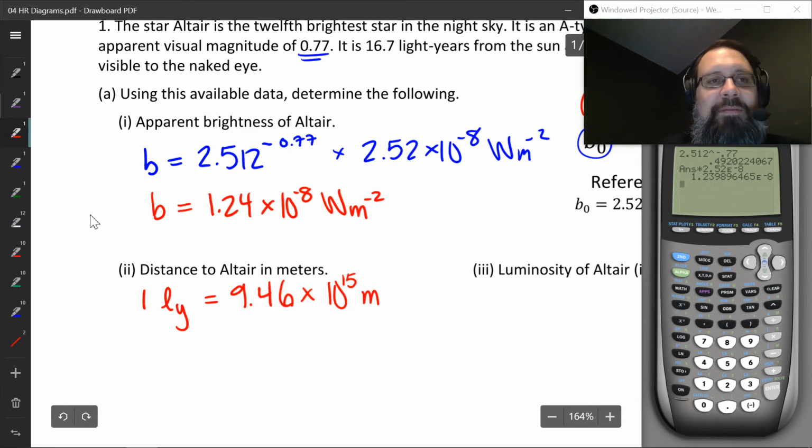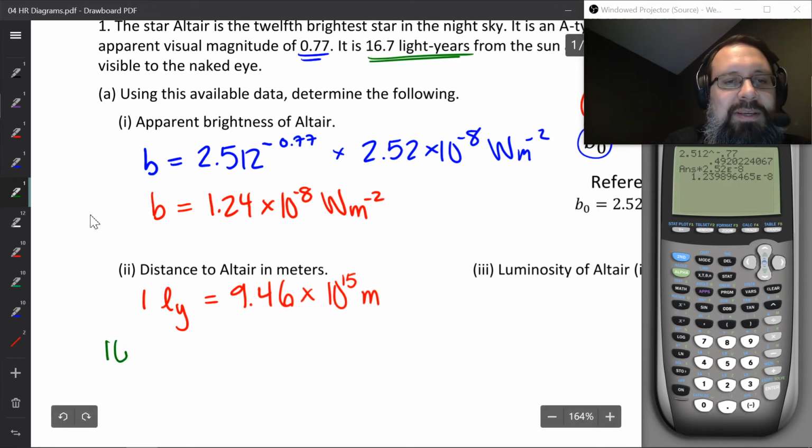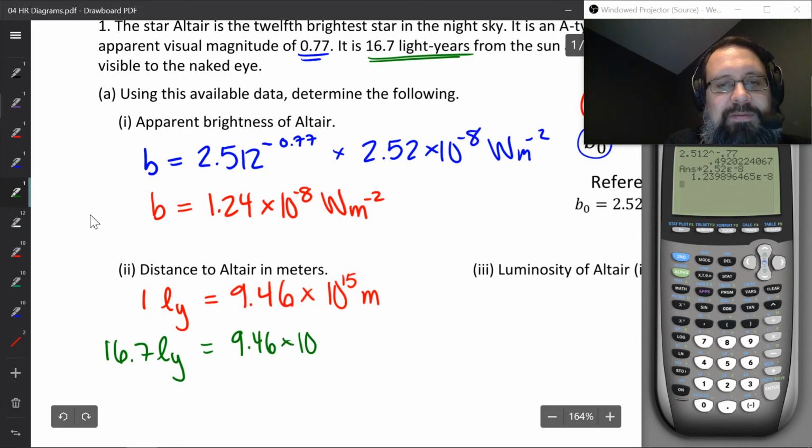Okay, now I want to find how far Altair is, and that's 16.7 light years. So I just have to multiply both sides of this equation by 16.7, and then I'll have the answer. So 16.7 light years is equal to 9.46 times 10 to the 15 times 16.7.